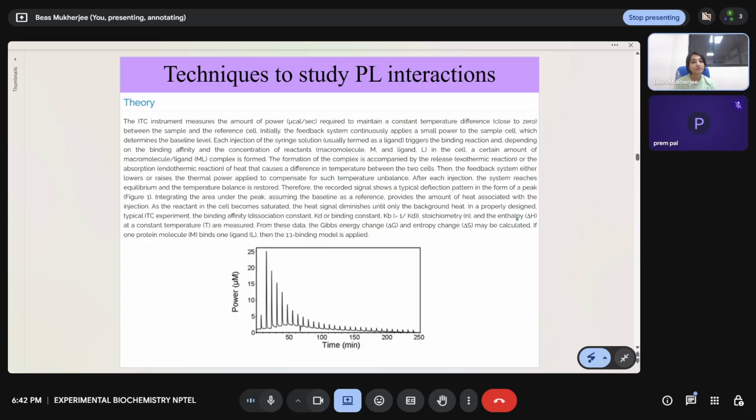From this data, your delta G, that is the change in Gibbs free energy, and then the entropy change may be calculated. If one protein molecule M binds to one ligand, then the 1:1 binding model is applied.